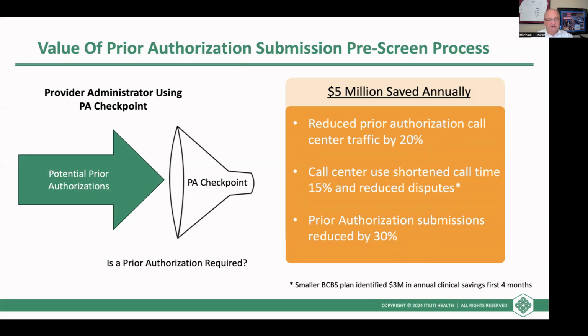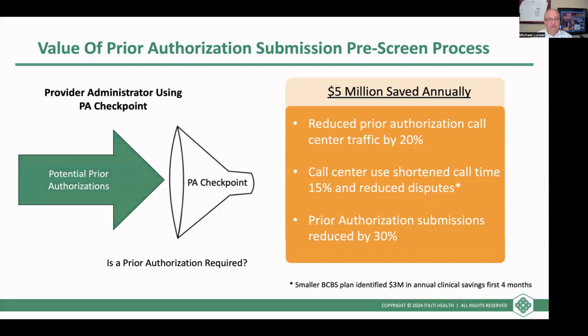And so now the call center can use this database to quickly answer the question and do it accurately. At a very small Blue Cross health plan, 140,000 lives, they identified that in the first 4 months, they were on a trajectory to save $3 million in annual clinical costs because their call center had been giving wrong information.